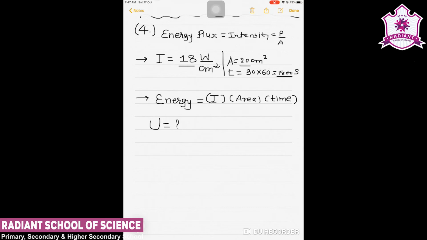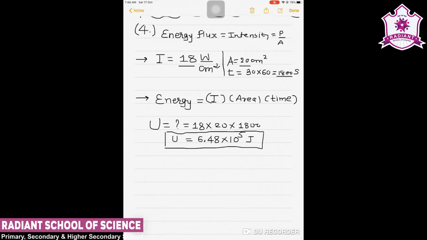So first we derive U is equal to 18 into 20 into 1800. That comes out to be 6.48 into 10 to the power 5 joule. So first we get the answer for energy.